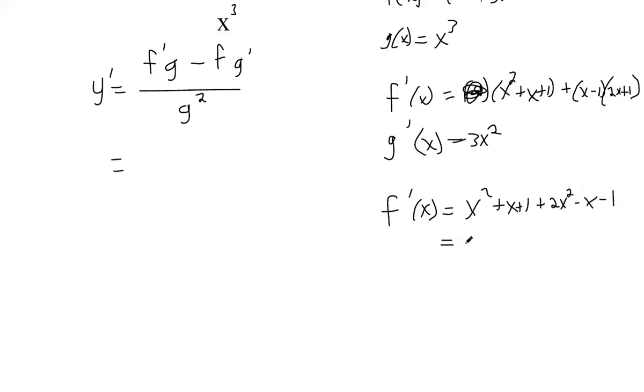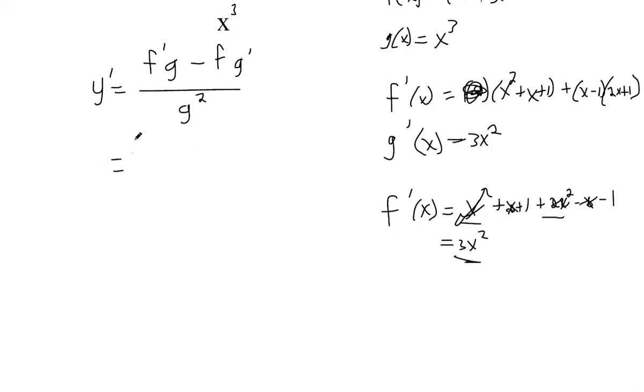And then if you combine like terms, there's x squared plus 2x squared makes 3x squared. X minus x makes nothing, and 1 minus 1 makes 0. Whoa, good thing we cleaned up, because look, this and this combine to make this. So that's what the derivative of f is.